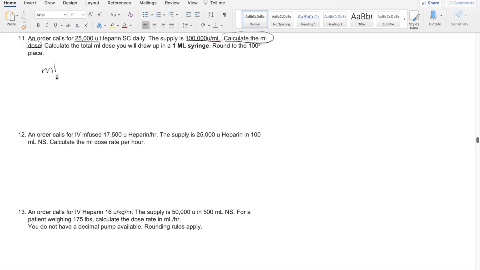So right off the bat, we're going to say, okay, milliliter over the dose. Now we see milliliter right here in our word problem, so we're going to put 1 milliliter over the 100,000 units, because as I previously said, that's going to be like a couple, so they're going to have to stay together.